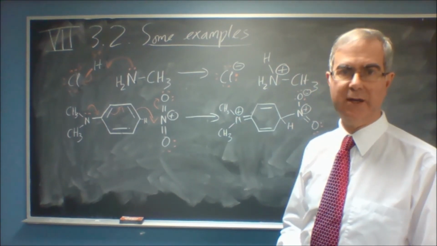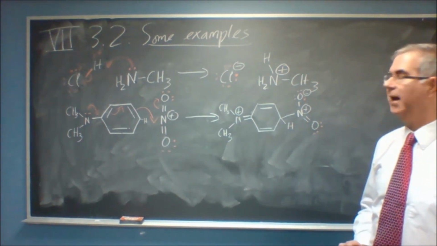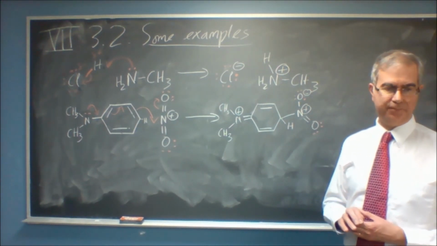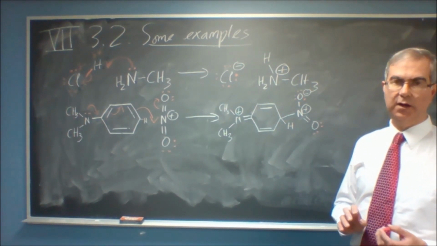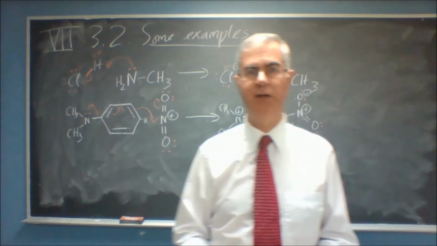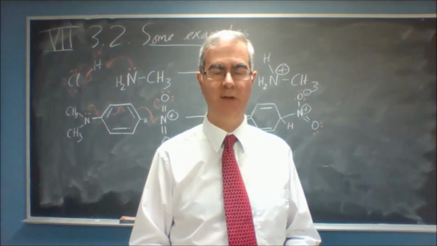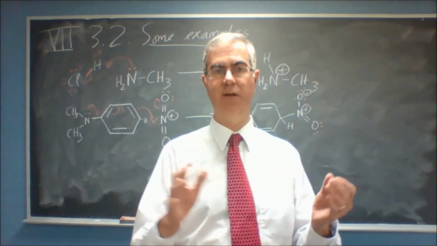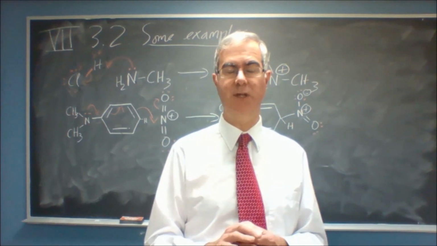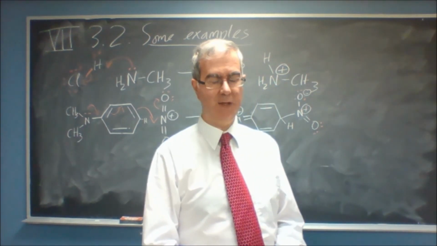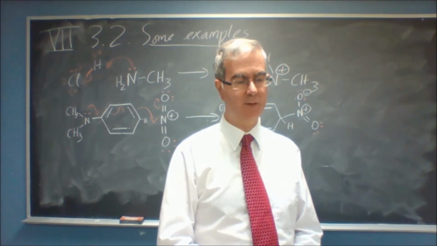But what we want to do next is look at elementary steps, which are the individual steps that can be added together to make an overall reaction scheme. So we can summarize every overall mechanism in terms of a combination of elementary steps. So we'll look at that next.